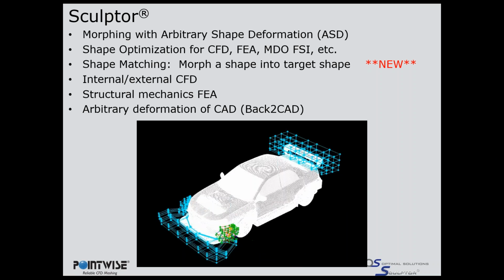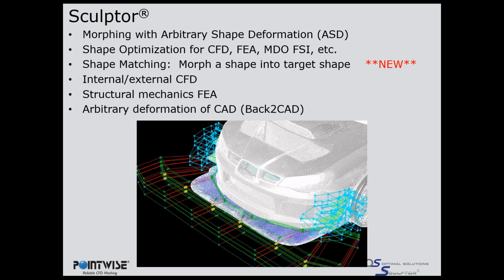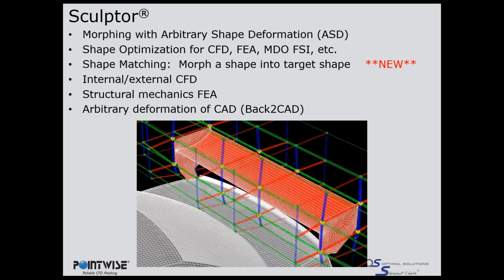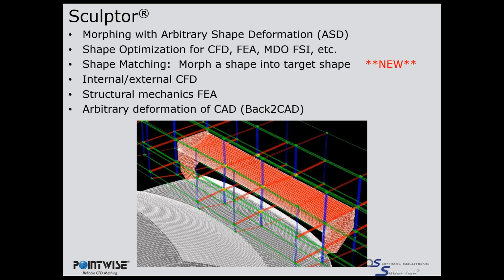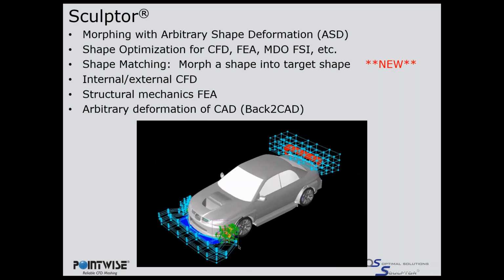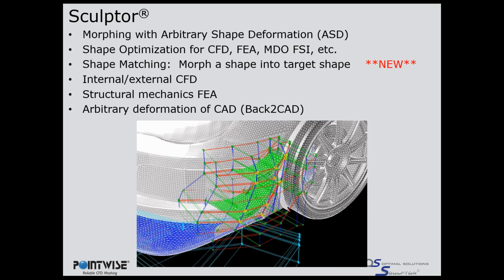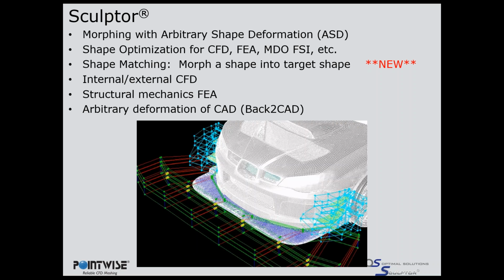Another use of Sculptor's morphing is what we call shape matching, and this is relatively new, but a very growing and popular way to use Sculptor, and that is to be able to take a nominal shape or a given shape and morph it into a target shape. This is useful if you're wanting to look at as built versus as designed shapes.